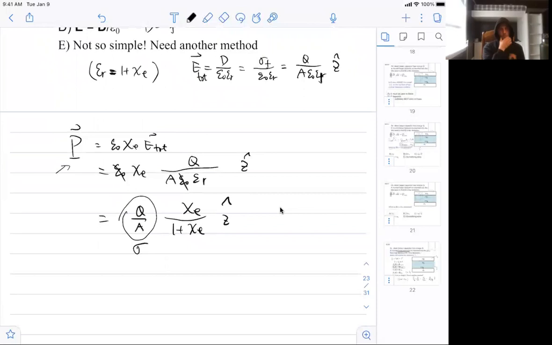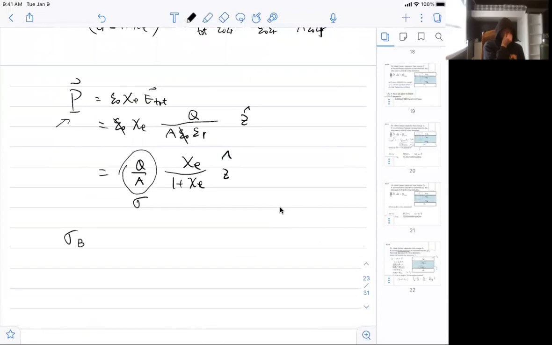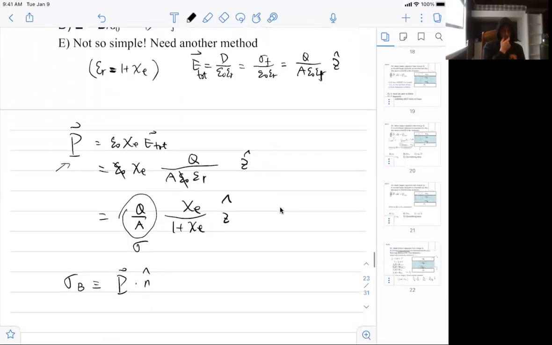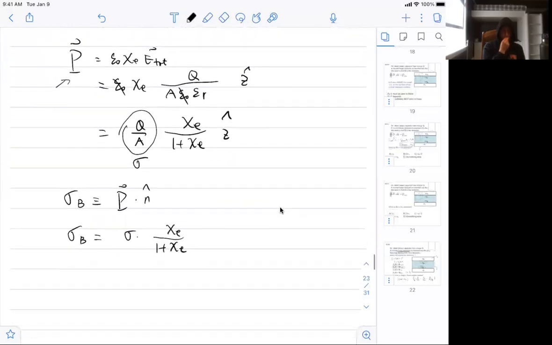So with the polarization, you can calculate these bound charges, right? Because remember, the bound charge is defined to be P dot N hat. So on the top surface of the dielectric material, we have these negative bound charges, and these bound charges are now going to be sigma times chi E over 1 plus chi E. So positive sigma at the bottom, negative sigma B at the top.